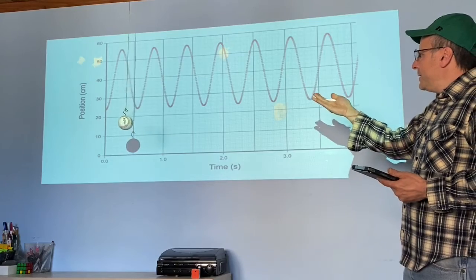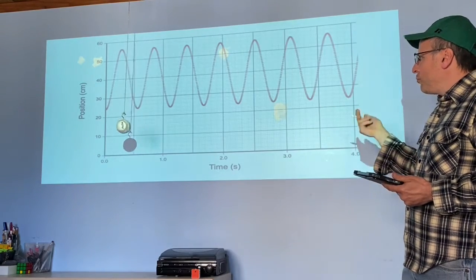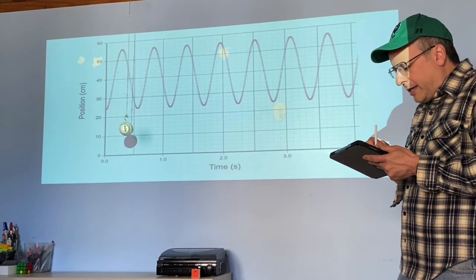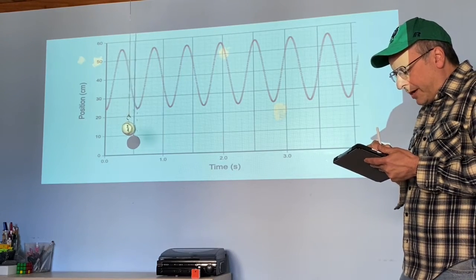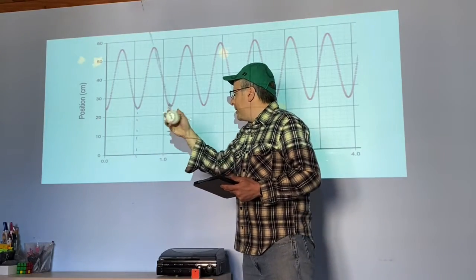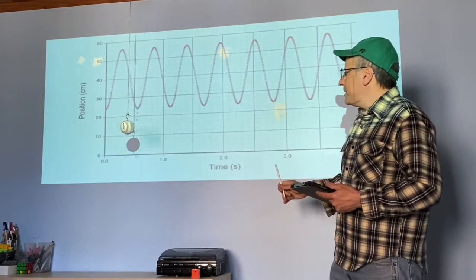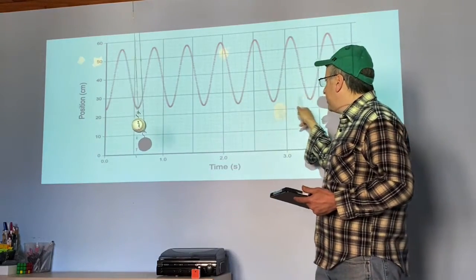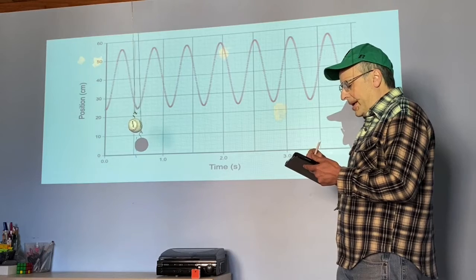Okay, if you have one that's not easy, try not to just do a single cycle. So if I wanted to find the period, yeah, I could kind of go here and ballpark it, but that's not going to be very accurate, especially with this ball in the way. Instead of doing one cycle, count many cycles. All right, so I'm going to count them out.